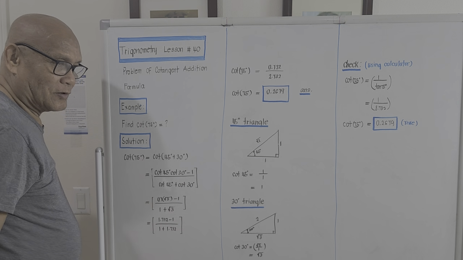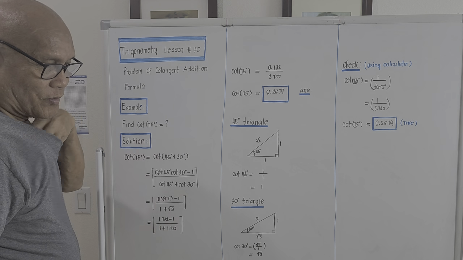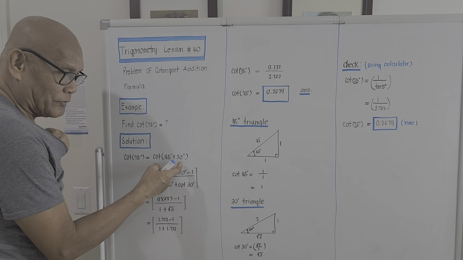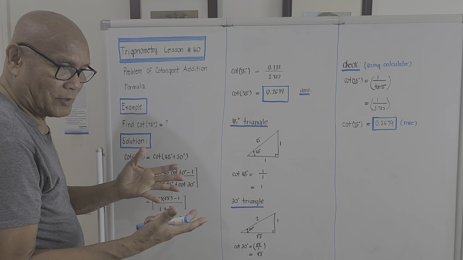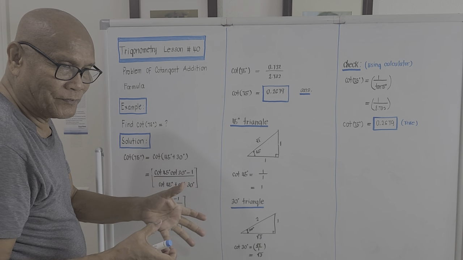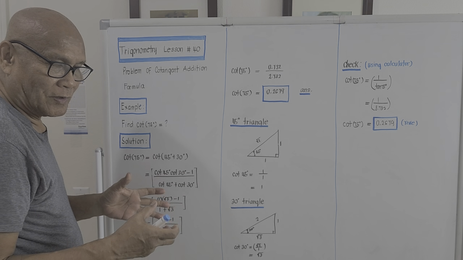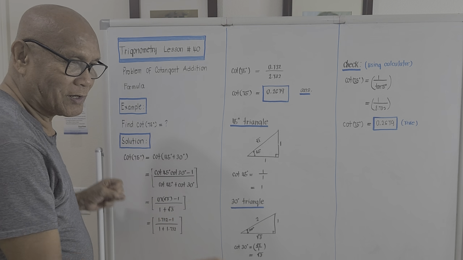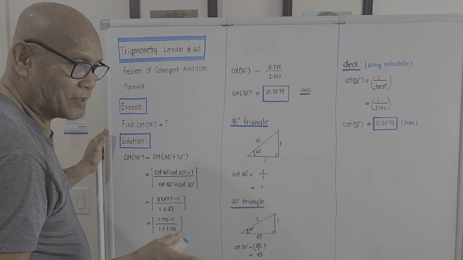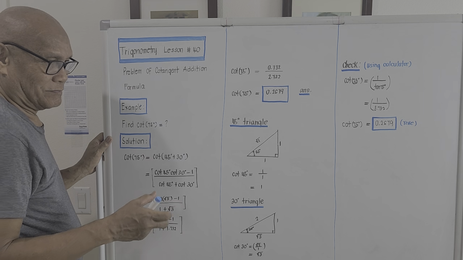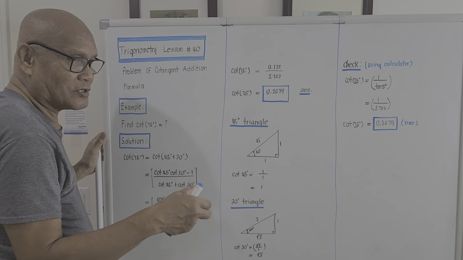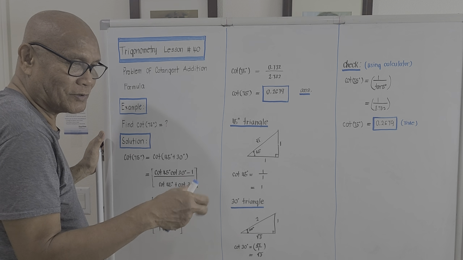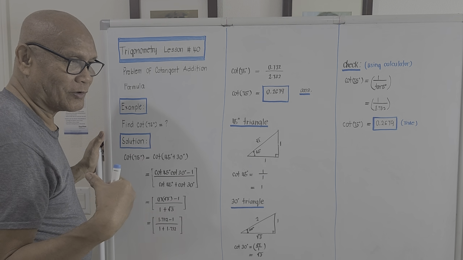I think the logical combination to bring out is 45 and 30. It could be 60 or 15. For 60, we could bring out the values even without using a calculator. But 15 degrees is not a special angle, so if we try to bring out the values for 15 degrees, we must use the calculator.